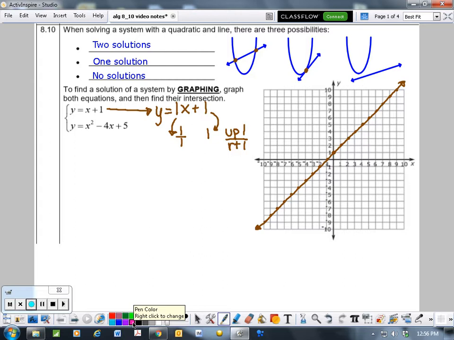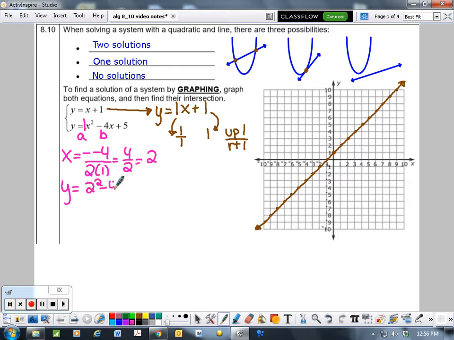Now to graph my parabola, I have to do A and B. X equals negative B over 2A, which gives me 4 over 2, which is 2. And I plug it in to find my y, so y equals 2 squared minus 4 times 2 plus 5, which is equal to 4 minus 8 plus 5, which is 1.